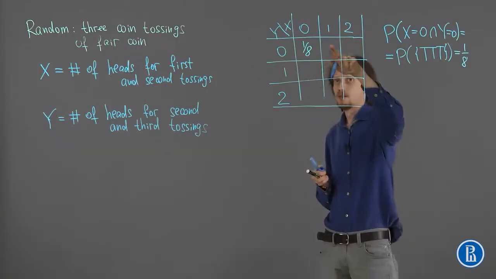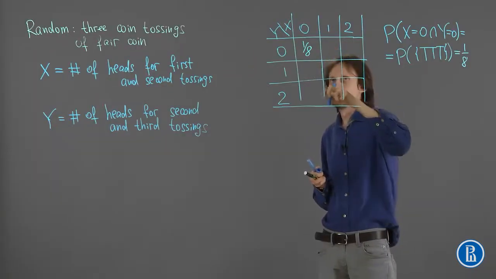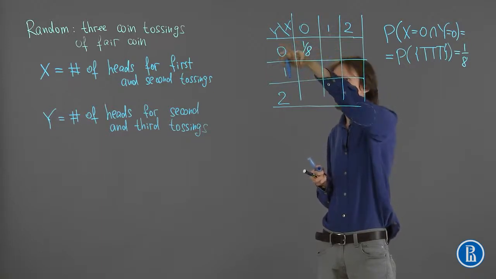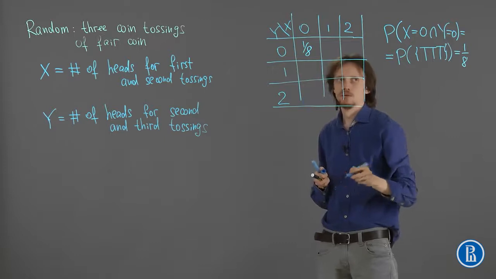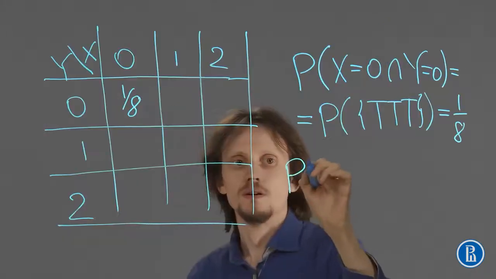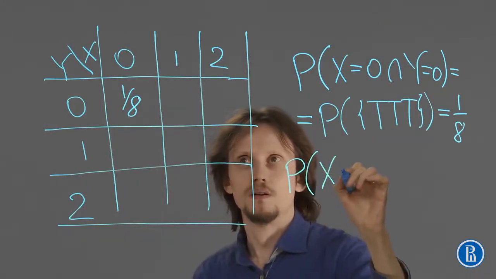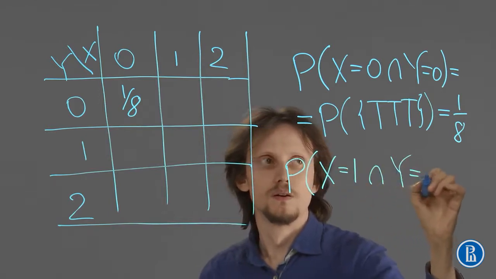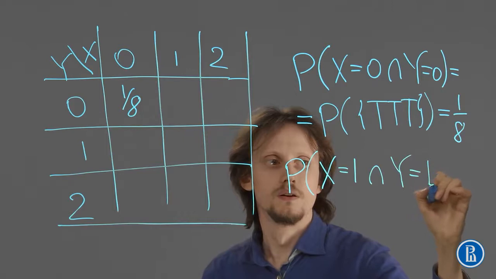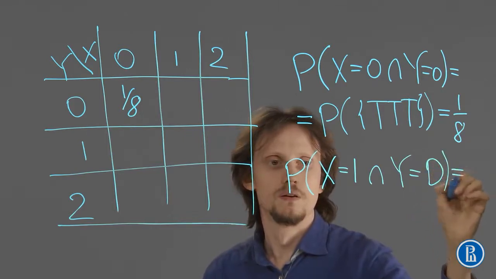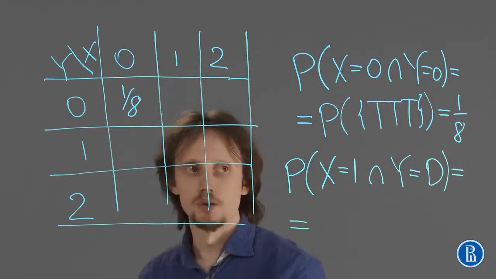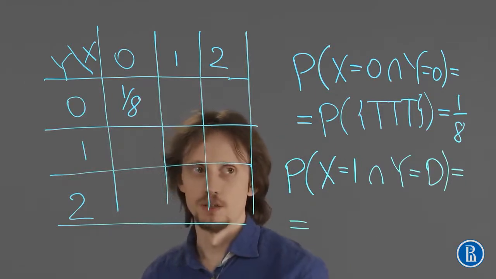What about this cell? What is the probability that x equals 1 and at the same time y equals 0? Again, we have to find outcomes that satisfy these conditions.